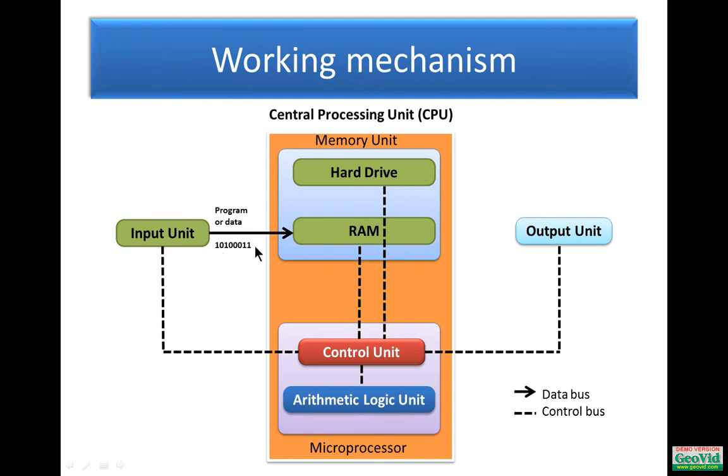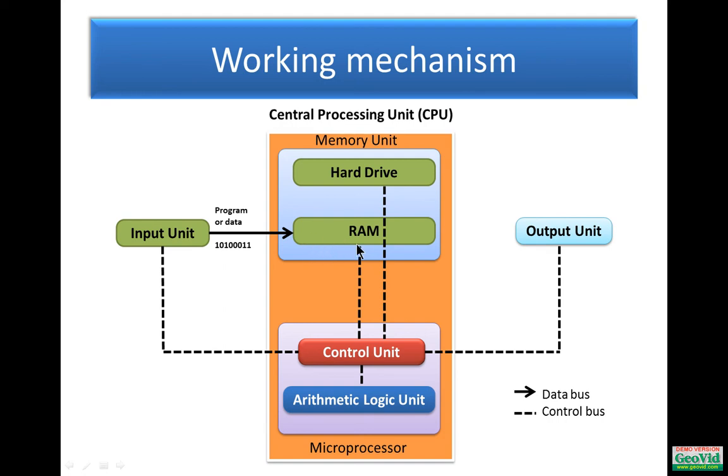Whenever that binary form is sent from the input device, the control unit gives the command to receive it, and also commands the RAM to store it. So the input given from the input unit is stored in the RAM at the very beginning.